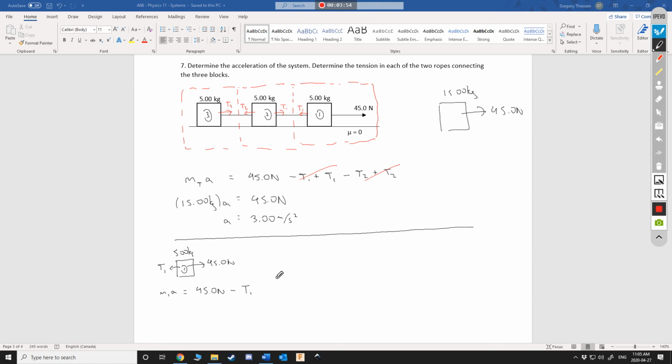So when we solve this out, we have just the one unknown, T1. M1 is 5 kilograms, acceleration is 3. I'll write it out. So we have 5.00 kilograms. Acceleration is 3.00 meters per second squared. That's equal to 45.0 newtons minus T1. We solve for T1.